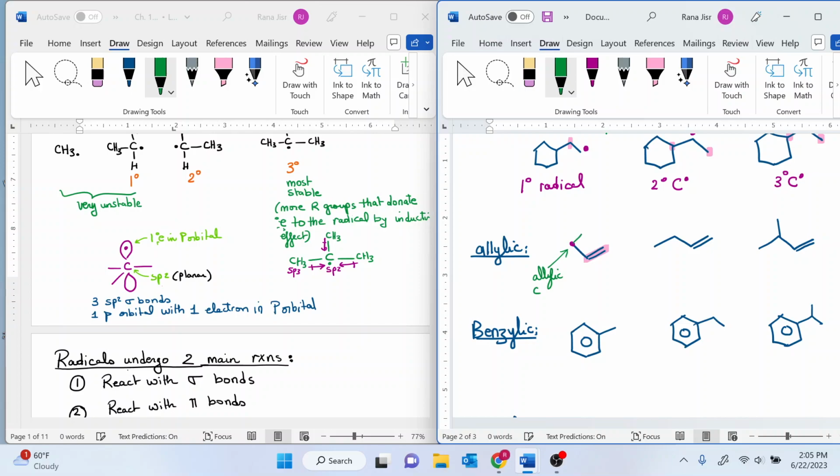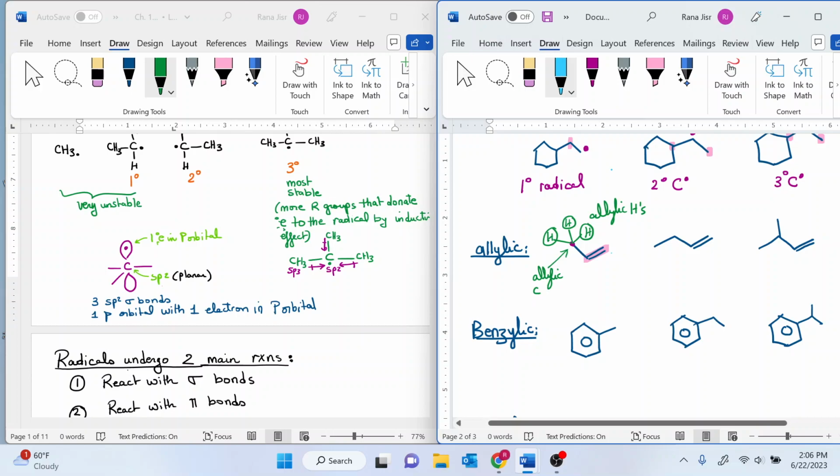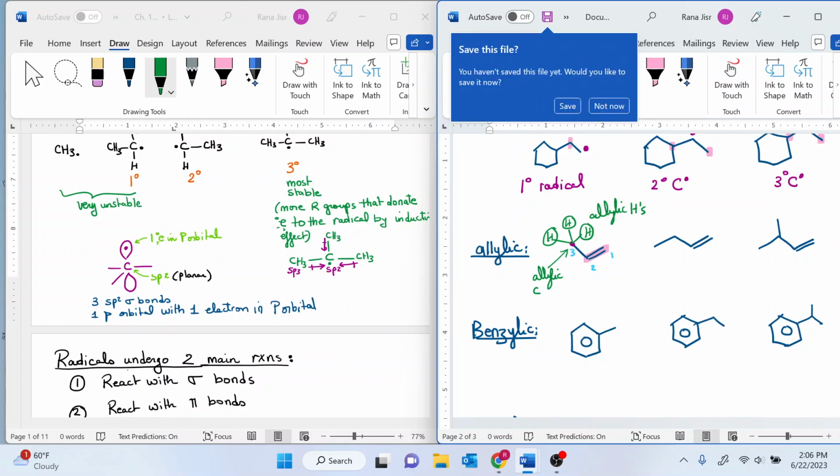And the hydrogens around it, here I do have 3 hydrogens around it, those hydrogens I'm going to call allylic hydrogens. Normally, an allylic carbon is a carbon that exists on carbon number 3 of the double bond. You always start numbering from the beginning of the double bond. So always the allylic carbon is on carbon number 3 of the double bond.